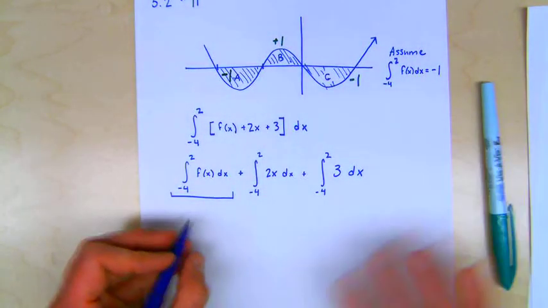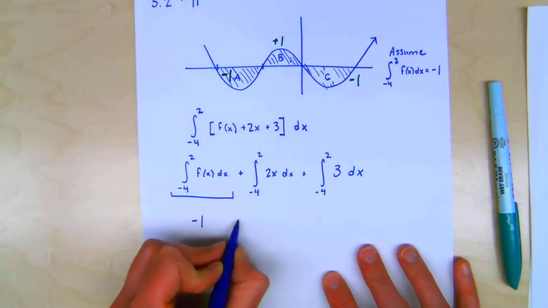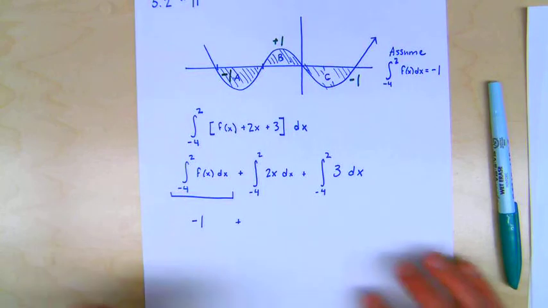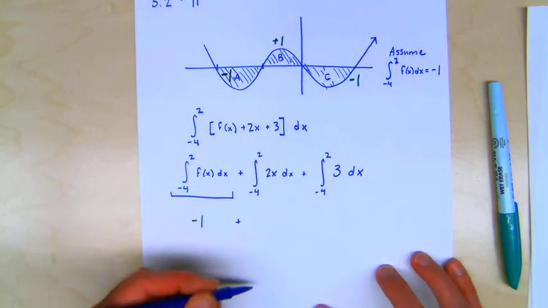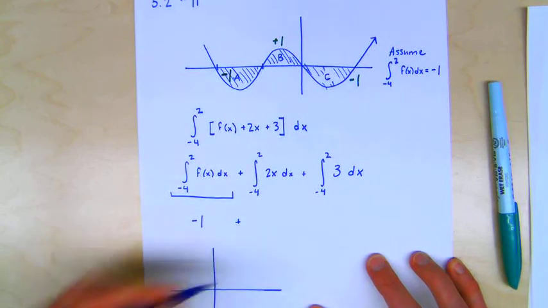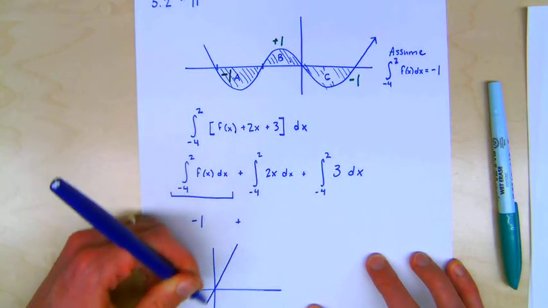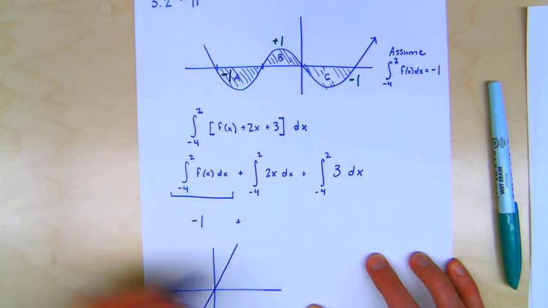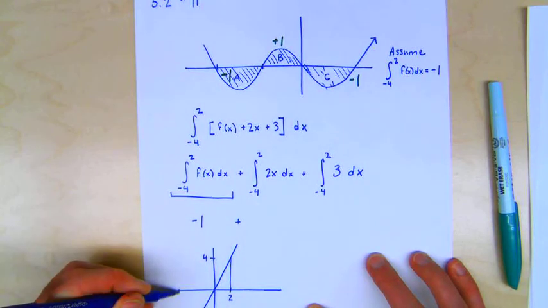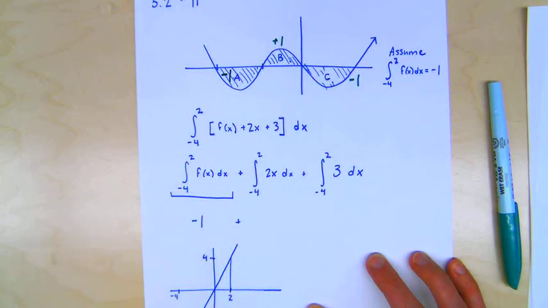What would that give me? So that would give me a -1 here, plus the integral from -4 to 2 of 2x. I think I'm going to go ahead and draw pictures for each of these as well. 2x is the line with slope 2. And if I go out to 2, this would be at a height of 4. And if I go back to -4, this would be down at 2 times -4, which is -8.